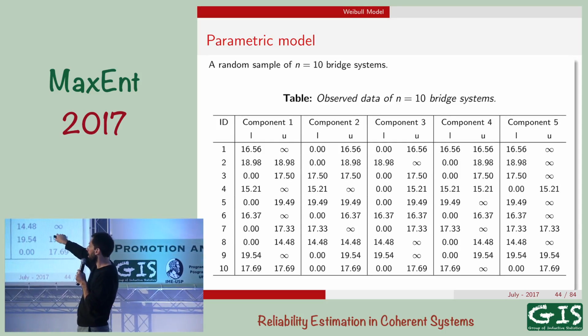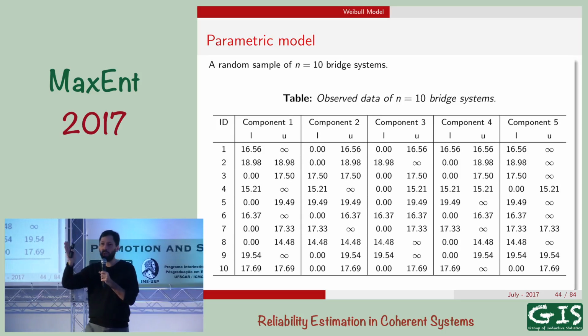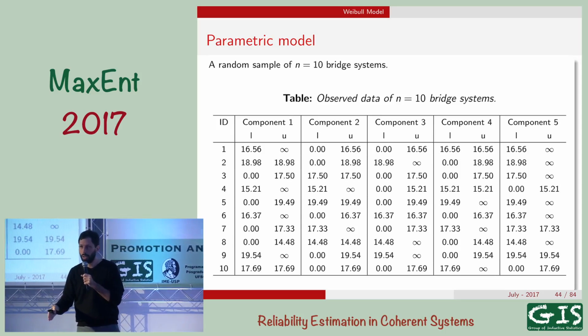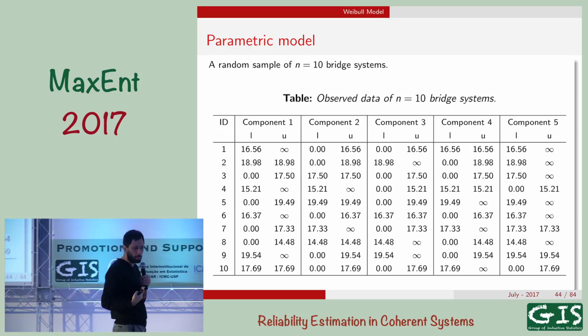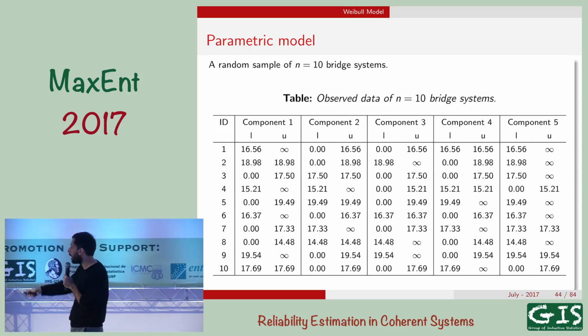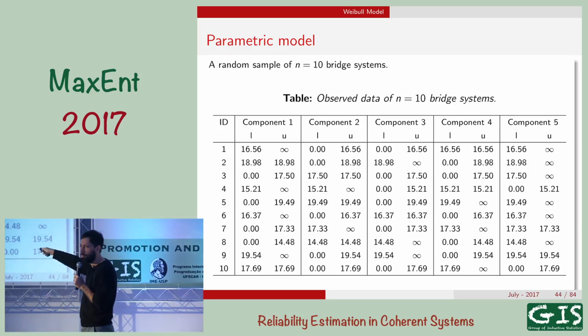It was right censored, it was observed, it was right censored. So looking only at the component data, we will be able to build a model for this component. And now I will not need the independence structure when I have this built.